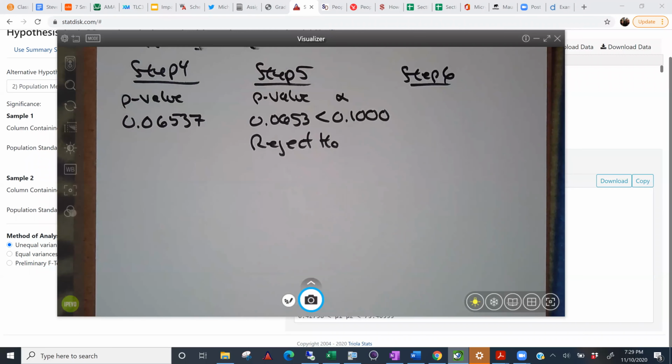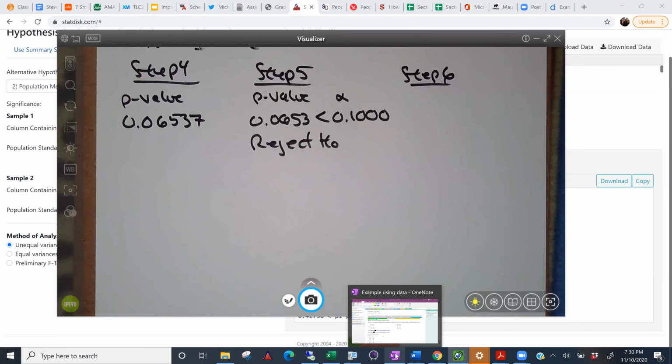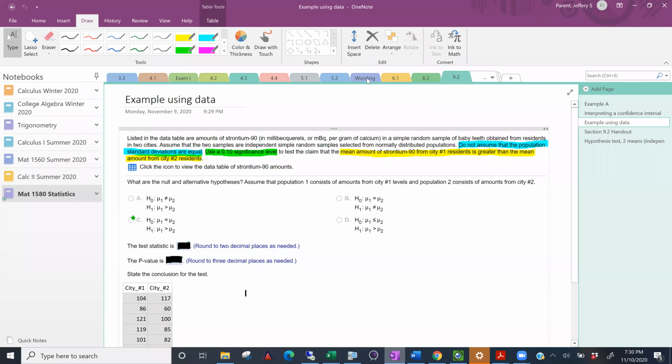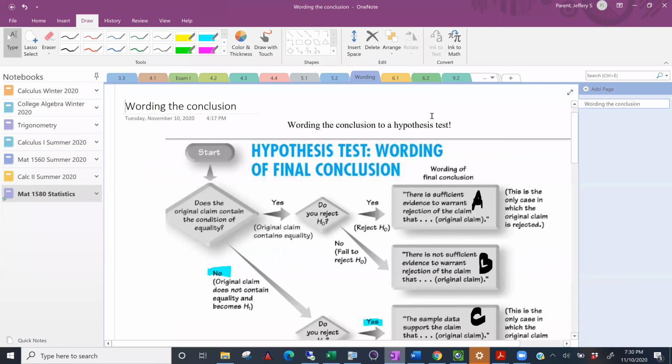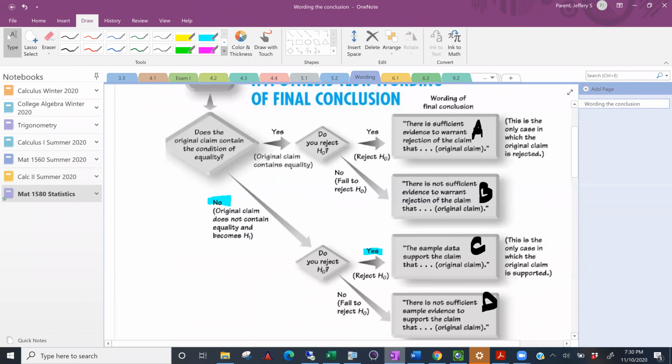So we have to decide which form of the conclusion we're going to use. That's where you have that sheet. Might want to keep that one handy, the wording of the hypothesis. Let me erase these, then we'll start all over again with this stuff.